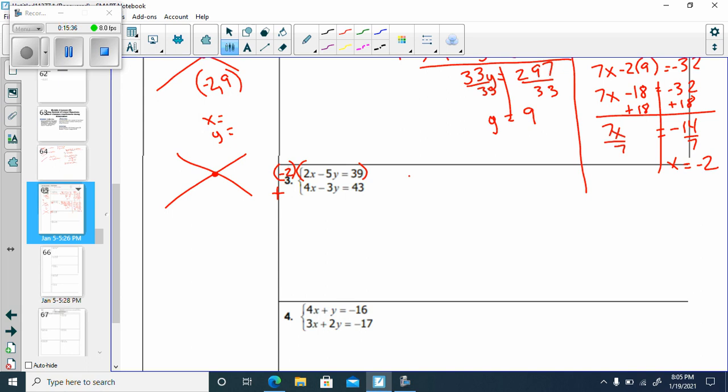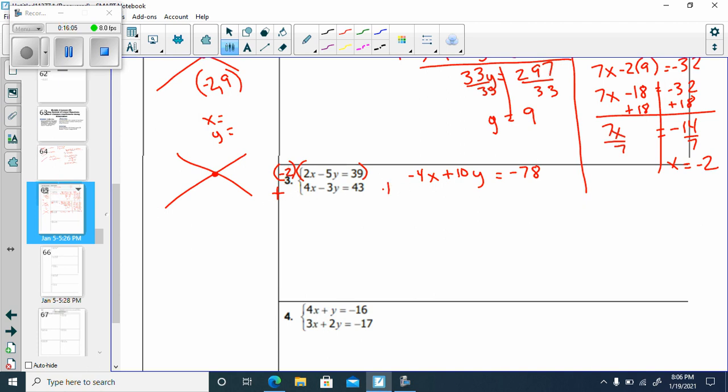-2 times 2x is -4x. -2 times -5 is positive 10y. -2 times 39, use your calculator, 39 times 2. That would give me a -78. Okay. And we're adding these.